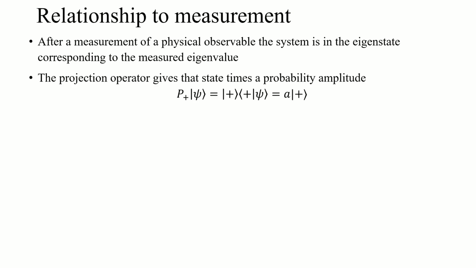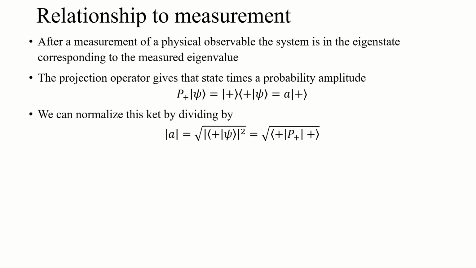So if we look at how the projection operator acts on a general state, it projects that ket onto the ket corresponding to the eigenvalue we're talking about, times some probability amplitude. If we normalize by dividing by the magnitude of that probability amplitude, we get the ket that describes the system after the measurement.